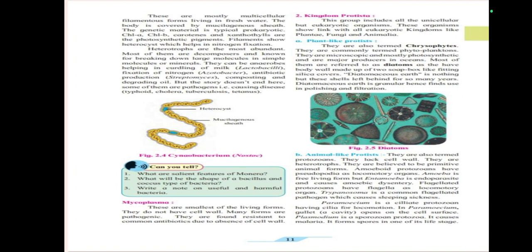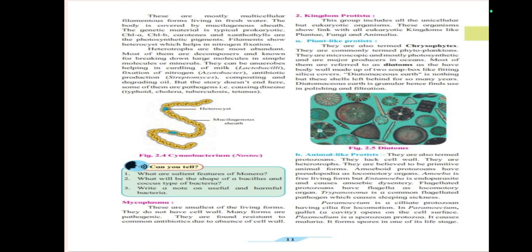Kingdom Protista. This group includes all the unicellular and eukaryotic organisms. These organisms show a link with all eukaryotic kingdoms like plants, fungi, and animalia. Plant-like protistans are also termed chrysophytes. They are commonly termed phytoplanktons. They are microscopic and mostly photosynthetic and are major producers in oceans.